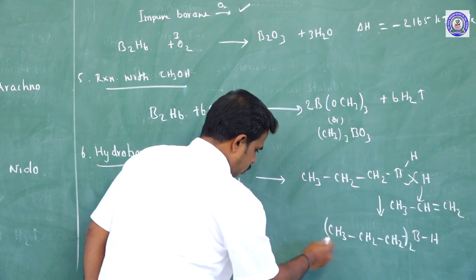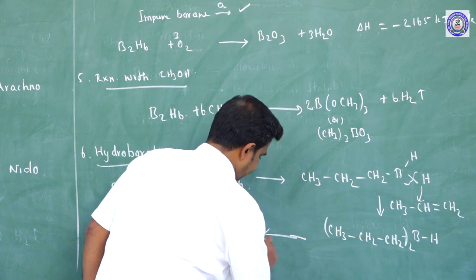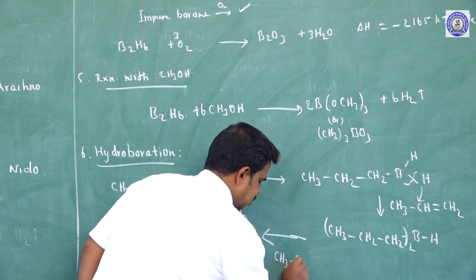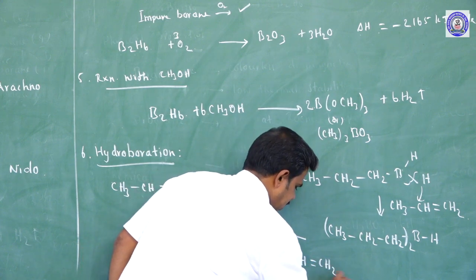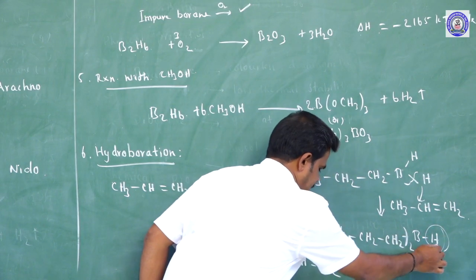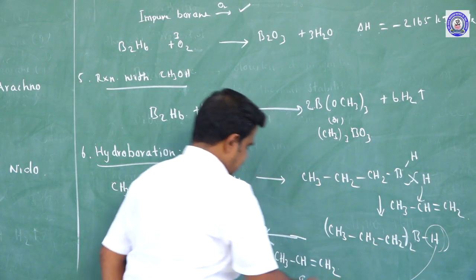Then one more molecule of alkene, CH3 CH double bond CH2. Now again, the hydrogen attacks here and boron attacks here.